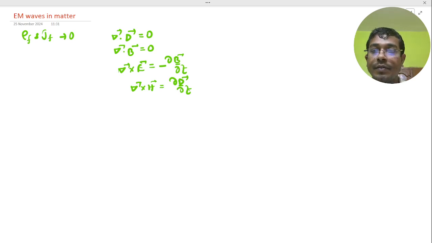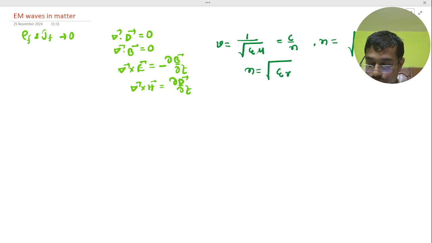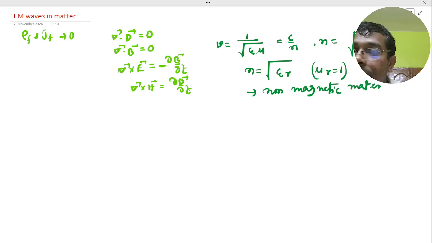And V is 1 by root over epsilon mu, equal to C by N, wherein the index N is root over epsilon mu by epsilon naught mu naught, and N should be root over epsilon r, the index of refraction, where mu r is equal to 1 for non-magnetic materials.